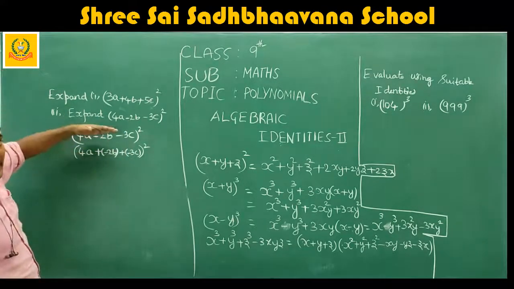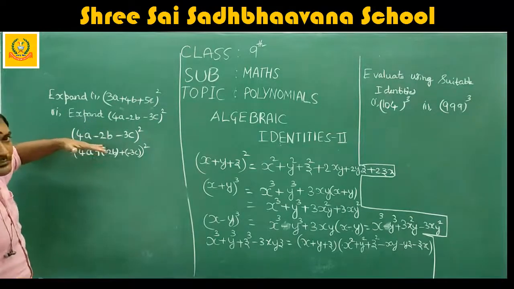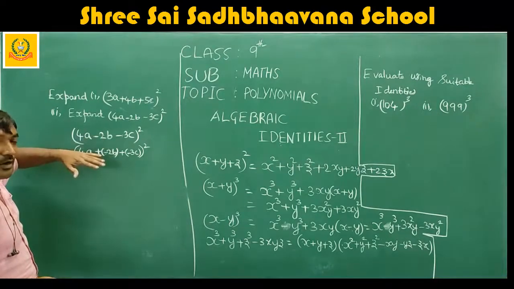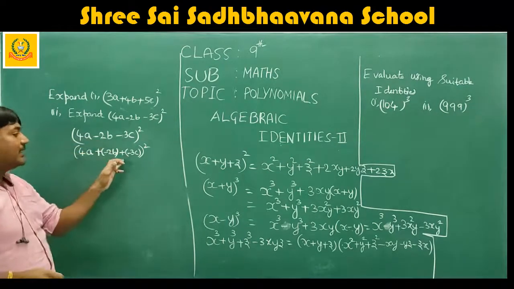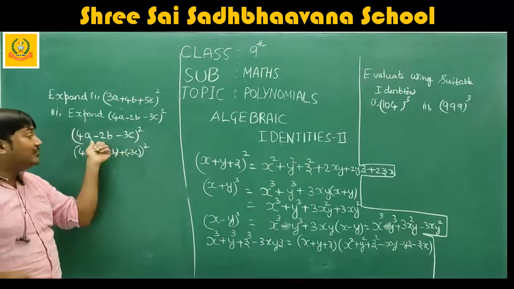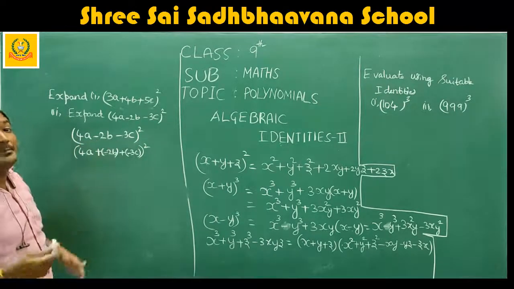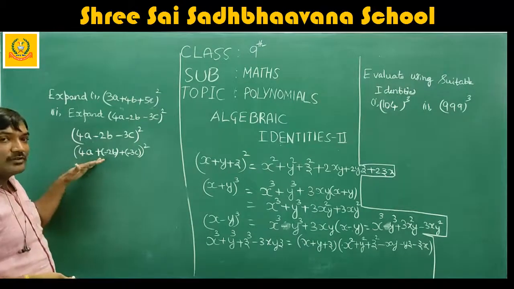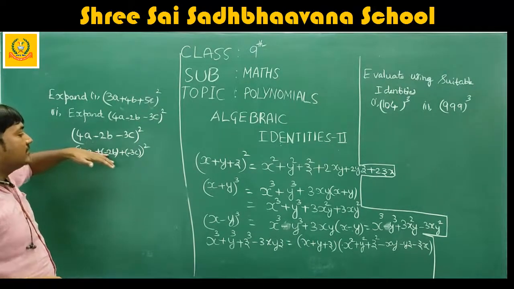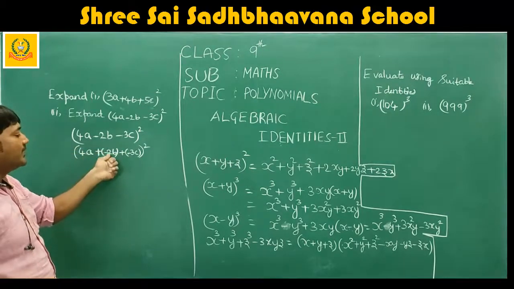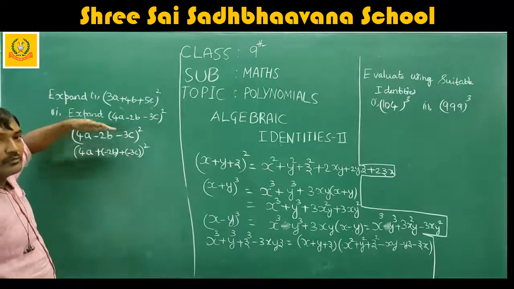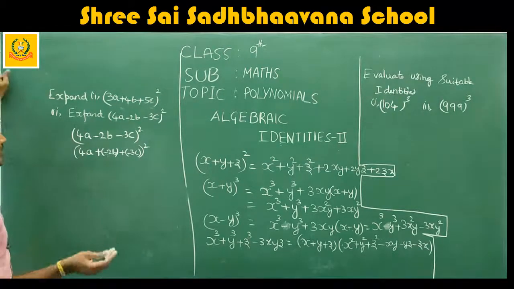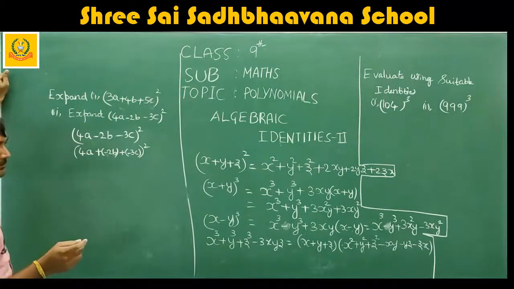You are getting the original back. If my simplification or conversion is wrong, you will not be able to get the original one back. But here it is not the case. Whenever I multiply plus into minus, we are getting it back. So this is the correct way. You remember that. Not only for this problem, for any problem, this rule remains the same.